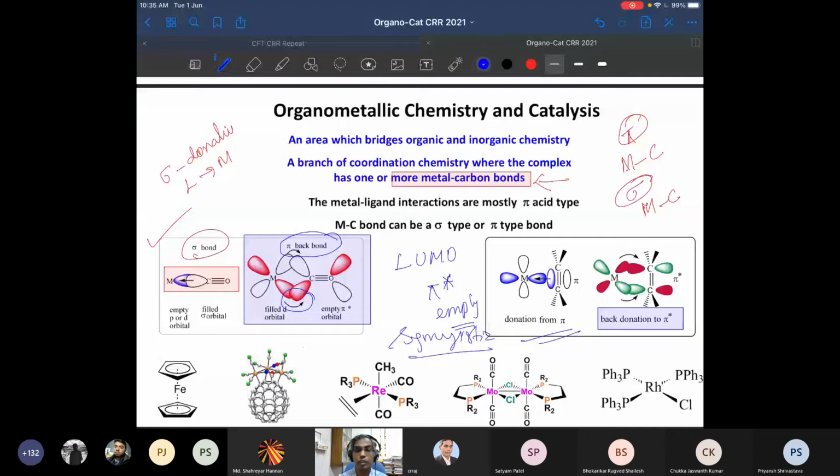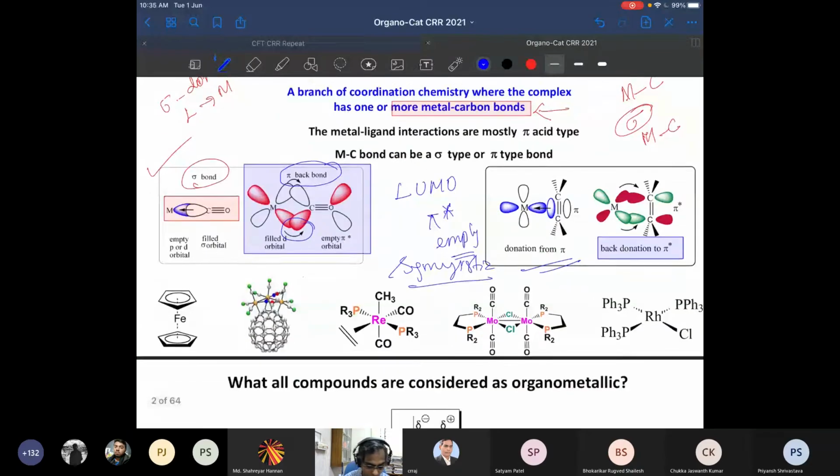Here comes the new topic, what we call organometallic chemistry. I have given explanations and examples. The first one is ferrocene, that's well known, and then fullerene, buckyball, bonded to an inorganic metal complex, and a rhenium complex, and then a molybdenum complex, that is a bimetallic organometallic complex. A metal bond is there. Don't worry, these are all not in your syllabus.